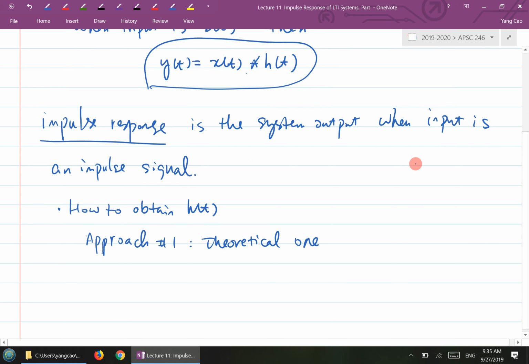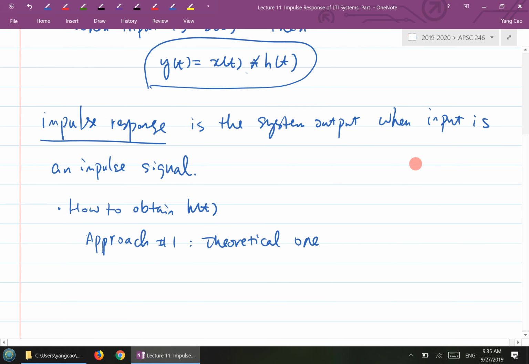Without giving too many details, basically we can solve a differential equation. That differential equation will be used to describe the system. So we can solve a differential equation to get the impulse response mathematically.